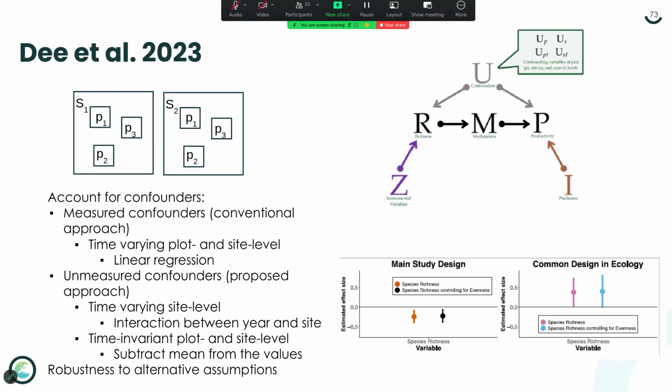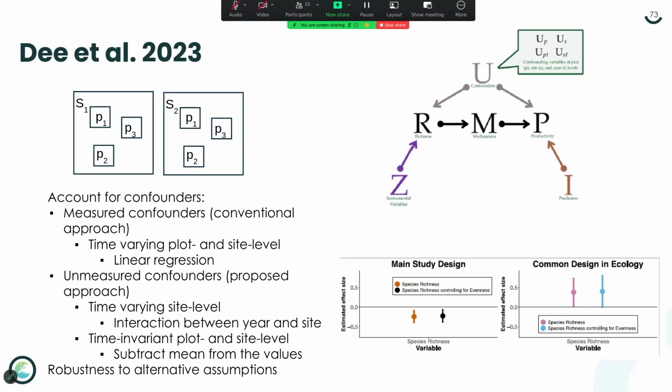But these can be, I've added there, time varying plot and site level. So these measured confounders can vary between sites and or plots and time points. But then what D and others introduce are these unmeasured confounders, because in many cases you have not measured all those confounders.